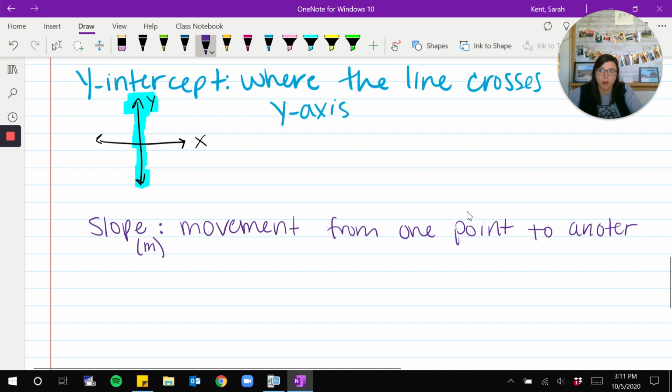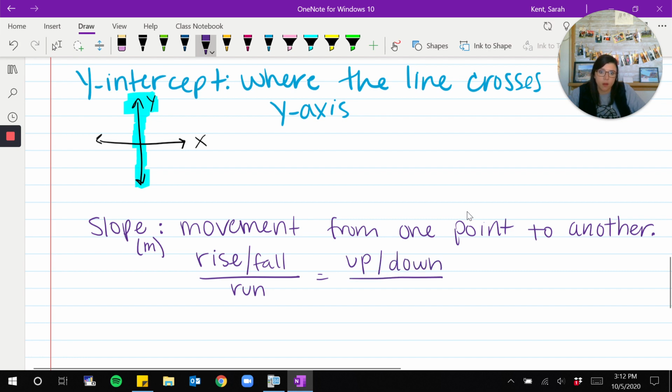Oh, that's not how you spell another. There we go. Movement from one point to another. So here, what we want to think of with the graph is rise or fall over run. So what we were saying in the picture was up or down over how many over. So these are the same thing, just different words. Rise over run, or you can think of how many up or down, how many over for your slope.